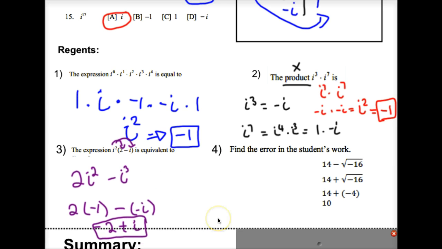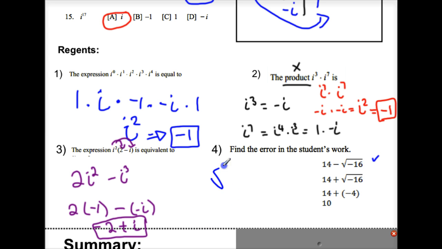That's it. So the last question before we end our lesson today is question 4. Find the error in the student's work below. So I want you to take a look at what the student did right here. What did you notice? Yes, so the error is that this is the given problem to simplify: 14 minus the square root of negative 16.